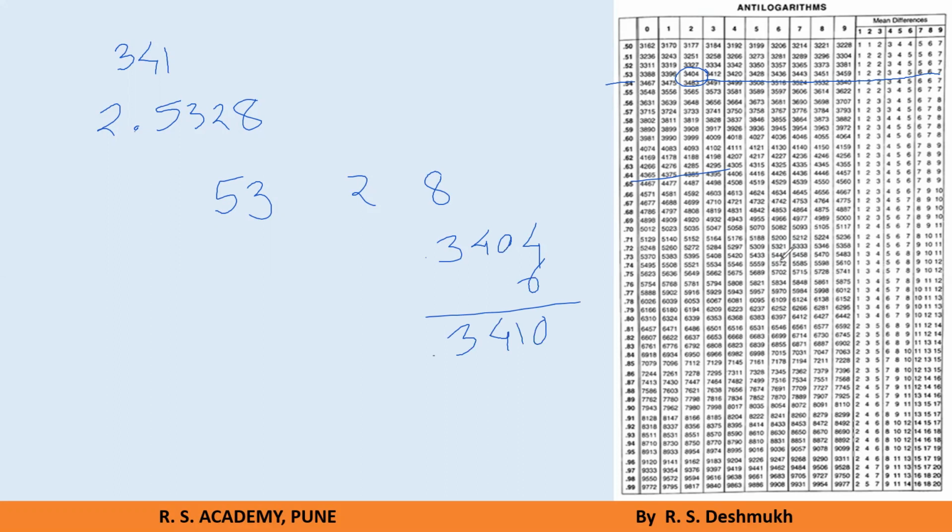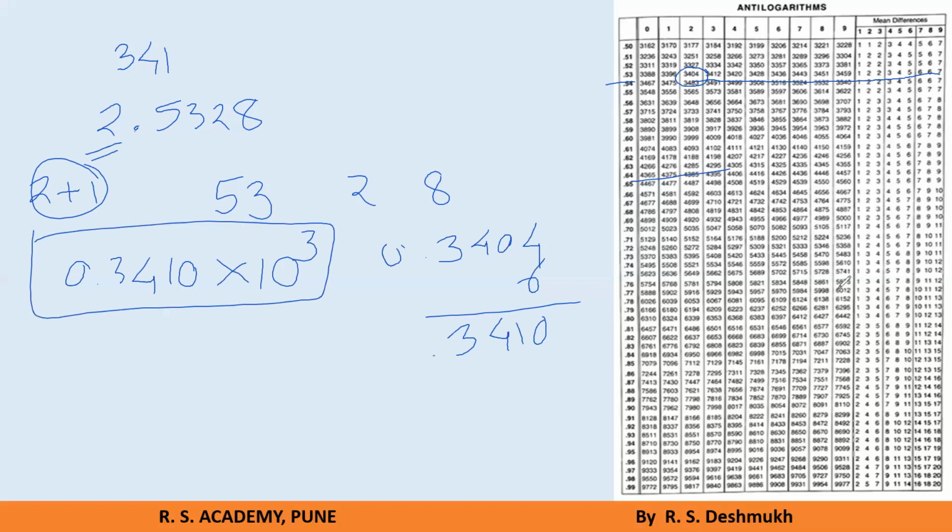Before that there is a decimal, so it is 0.3410. As I already said, whatever the number before the decimal is, add 1 to it, so 2 plus 1 is equal to 3. So multiply it by 10 to the power 3. This is the answer, but if I shift the decimal point, what I get is 341.